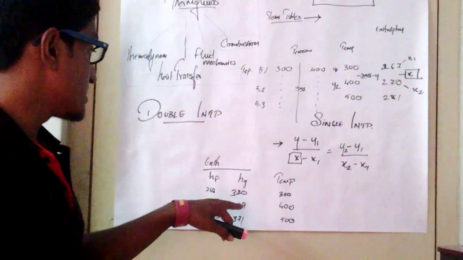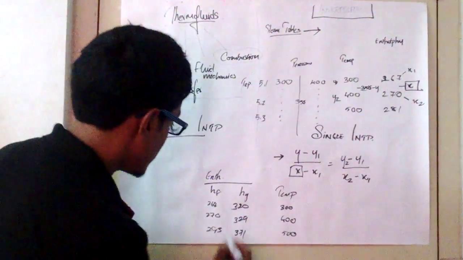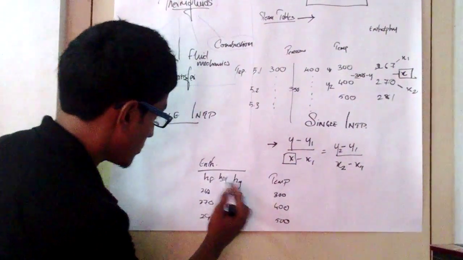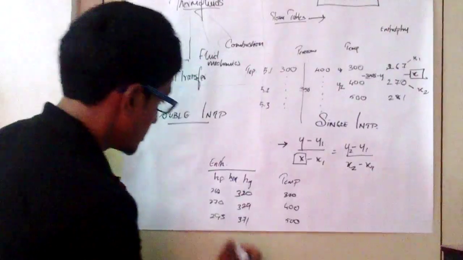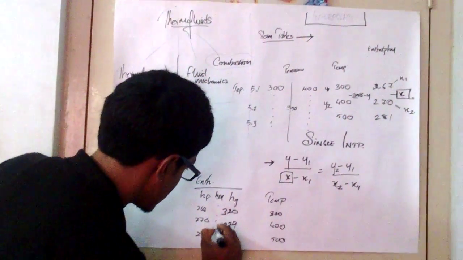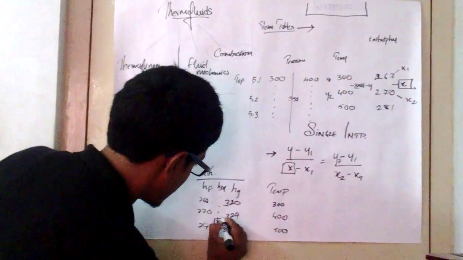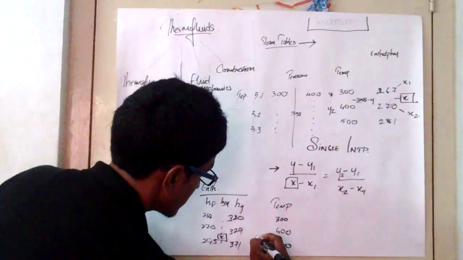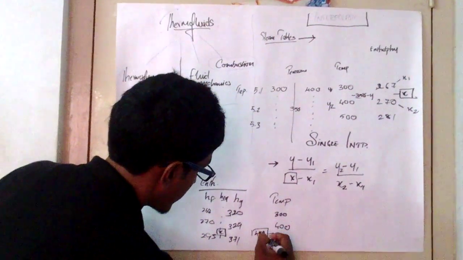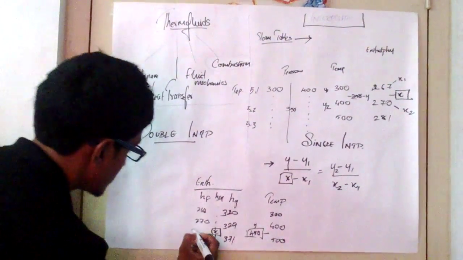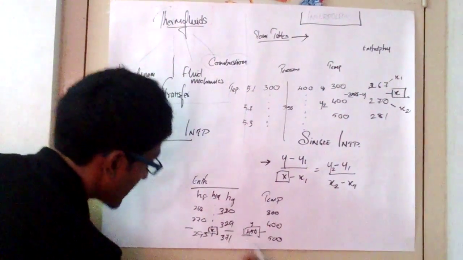Suppose you need the Hfg value. You need to find both the values of Hf and Hg. This is the value of x, and suppose we need the value for 450 degrees. To find the value of x, you need two values over here. You need this and you need this.